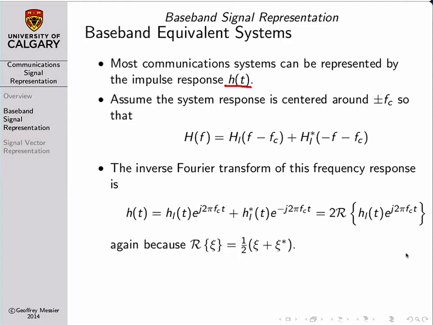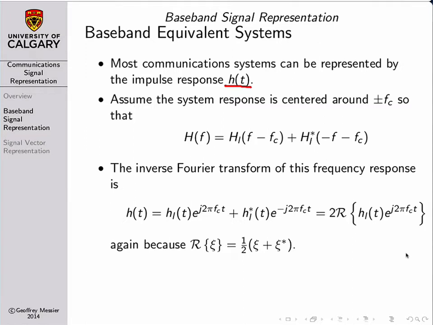And so what we're going to try to do over the next few slides is, first of all, define what we mean by the baseband equivalent of a communication system, and then determine whether or not the convolution of the baseband equivalent signal and baseband equivalent system yields the same information as the convolution of the passband signal and system.